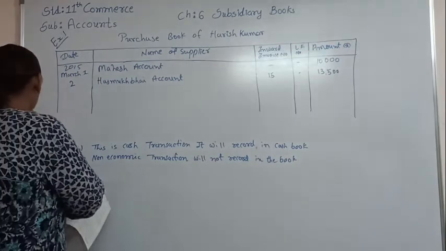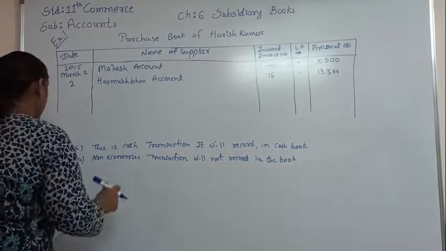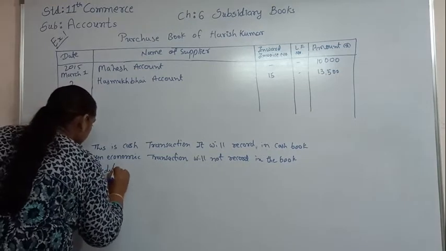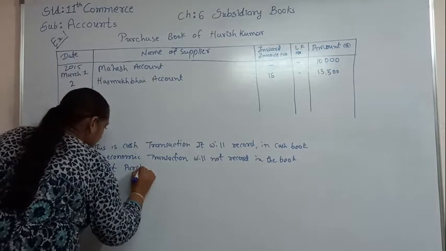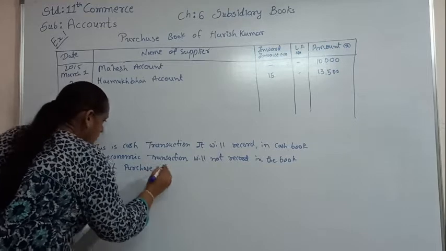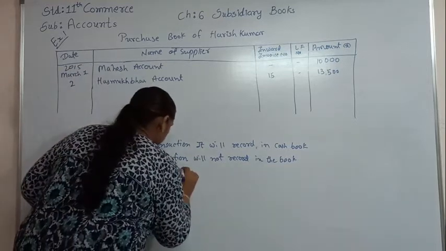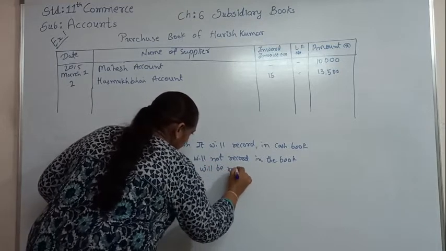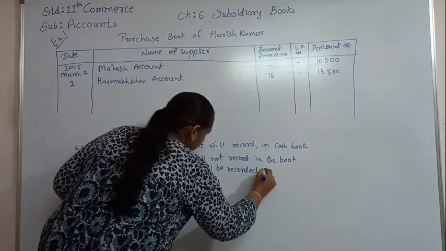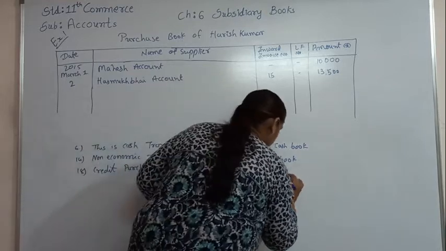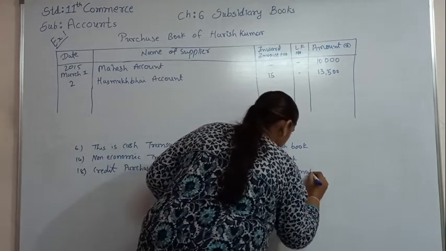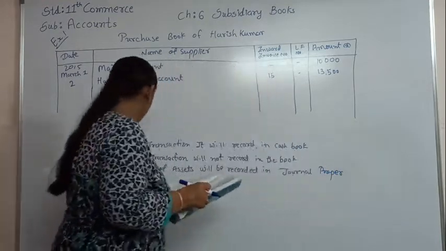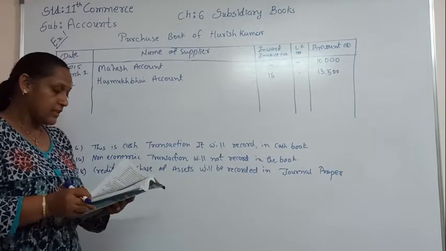So here we are going to write that credit purchase of asset will be recorded in journal proper. So for that. Now let's see the next transaction, 20.